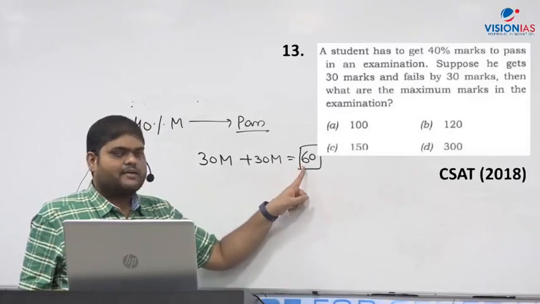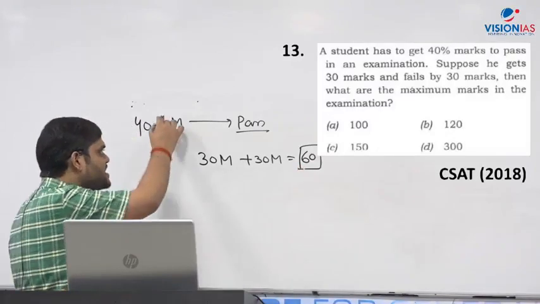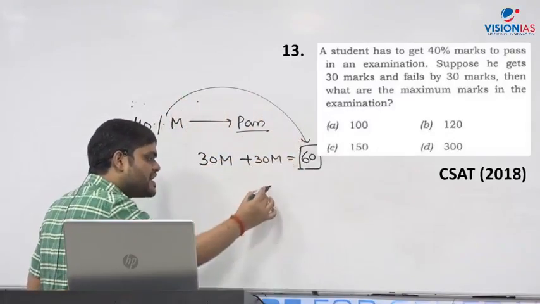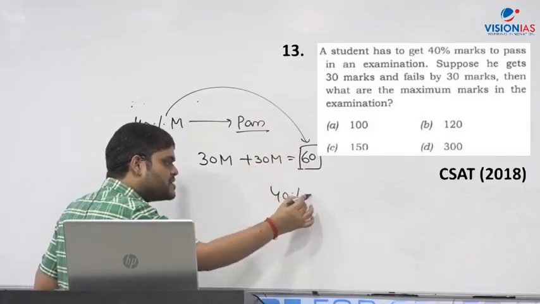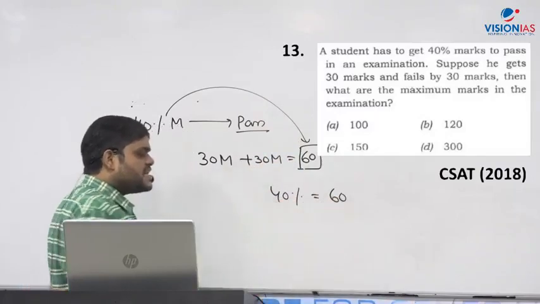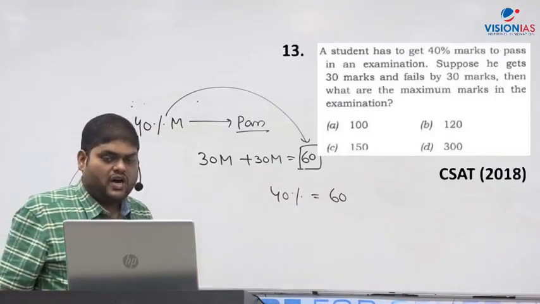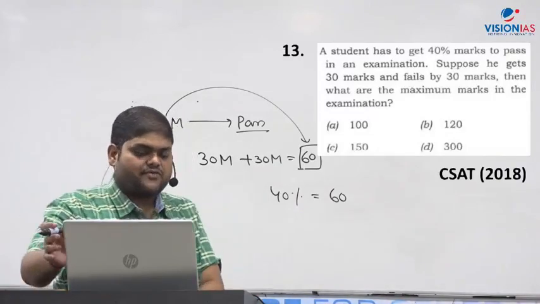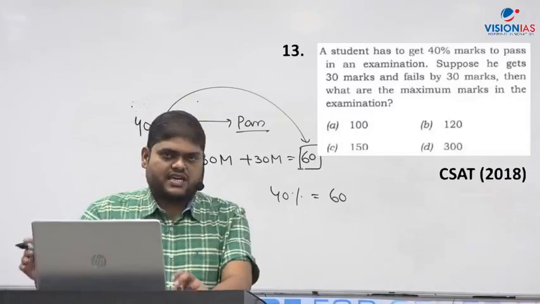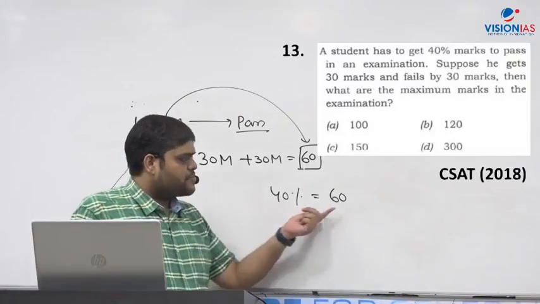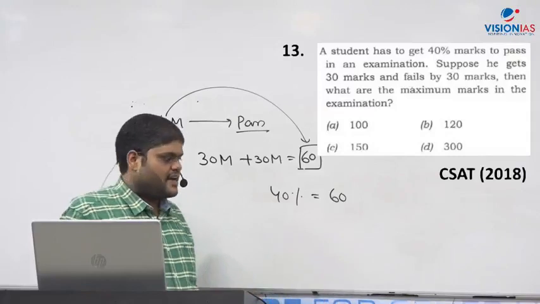This is in terms of marks and this is in terms of percentage. So I can say that 40% is equal to 60. Now you can find out the 100%. There are so many ways.